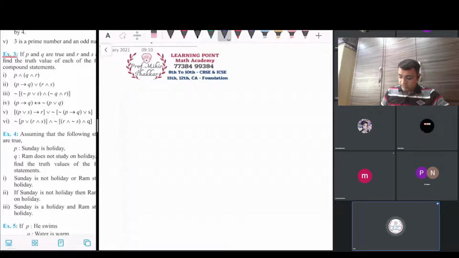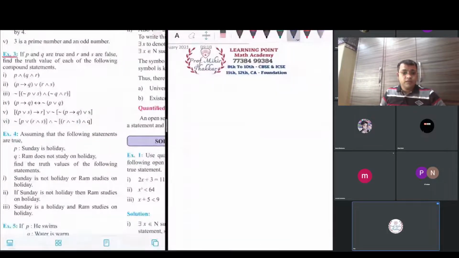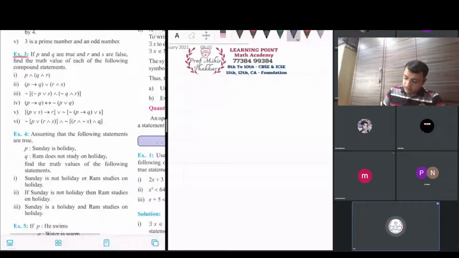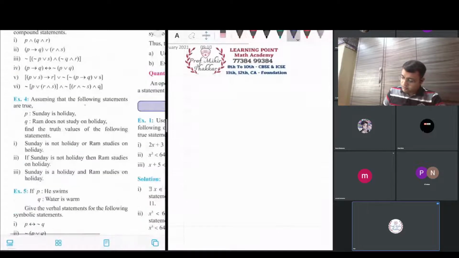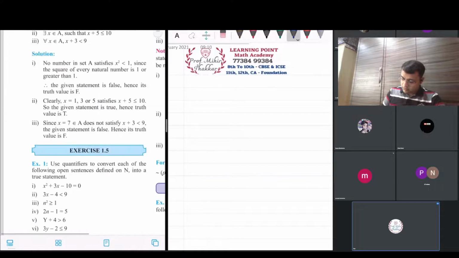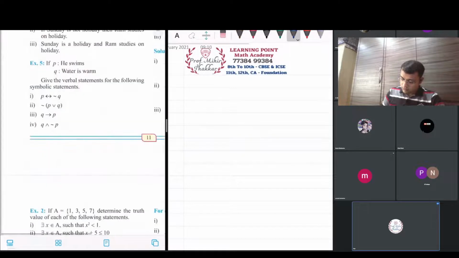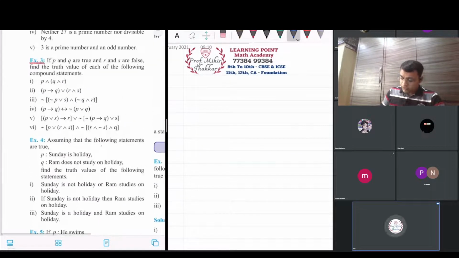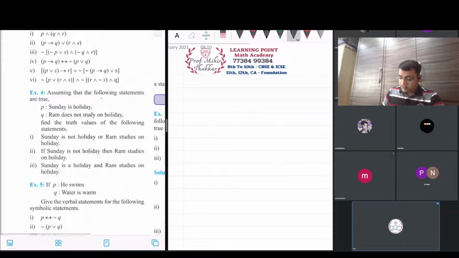So what is given to you in the sub number 4? In the sub number 4, the question is telling us that assuming the following statements are true, we have to find the truth value of the following statement.